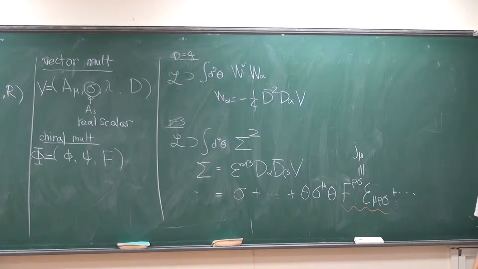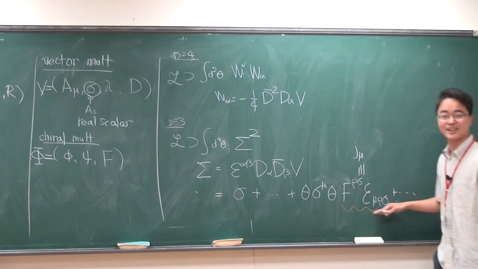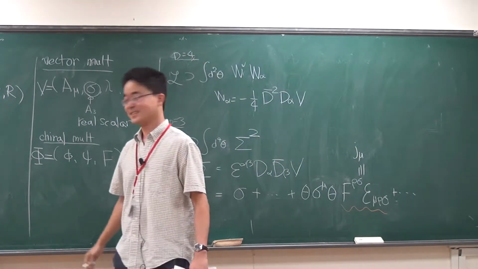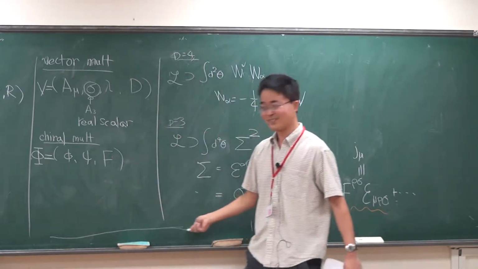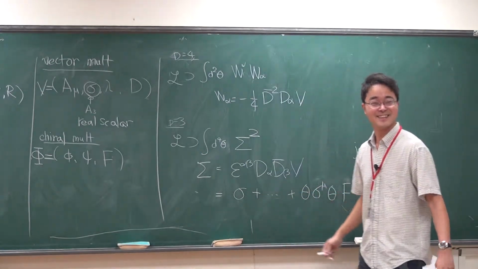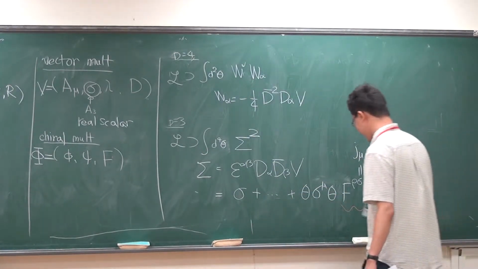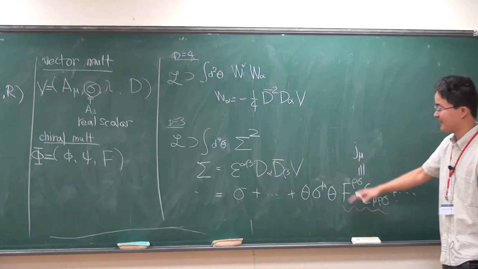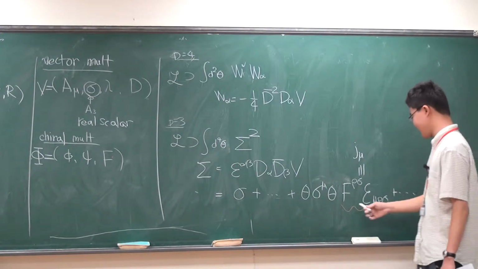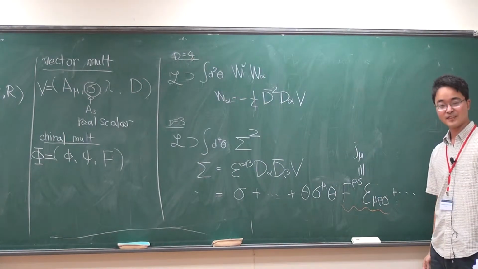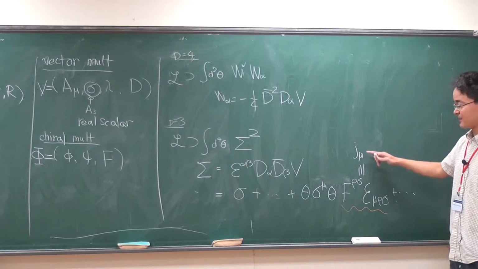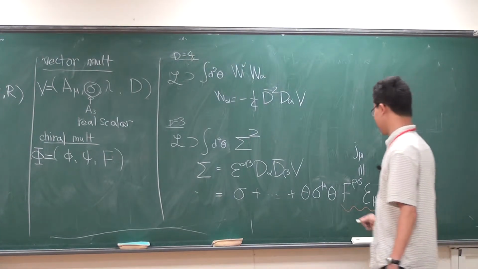So let's define this J_U. And the reason that this is good is that it's a conserved quantity.